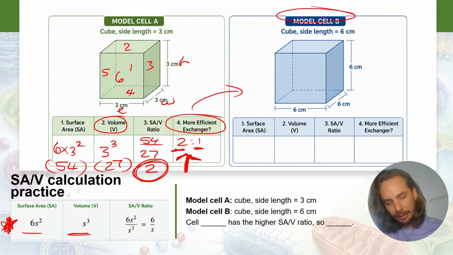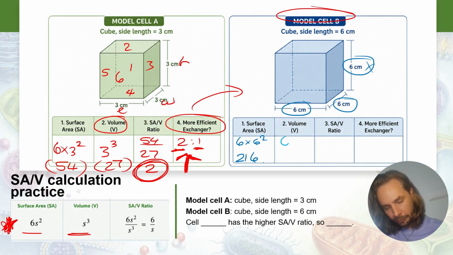In Model B, the cell is now just double the size. Okay, so this is 6 centimeters. The same idea, so the surface area will be 6 times 6 to the power of 2. That will be 36 times 6, that's 216. And the volume would be 6 cubed.